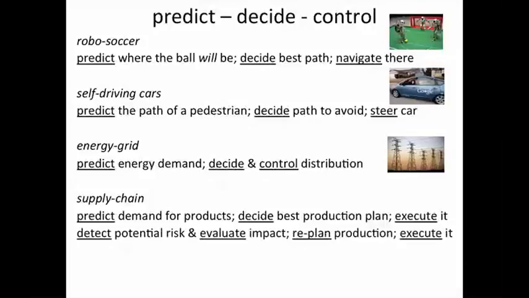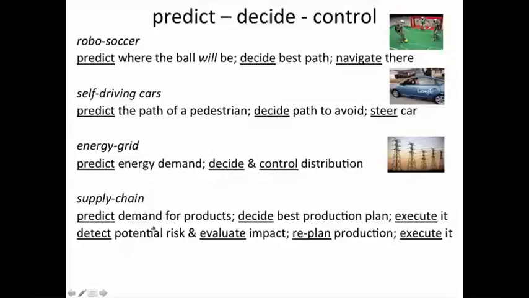Another example of supply chain is when products are manufactured all around the world, there could be a variety of risks. You could have floods or fires or unstable political conditions in different parts of the world which might pose a risk to one's supply chain.